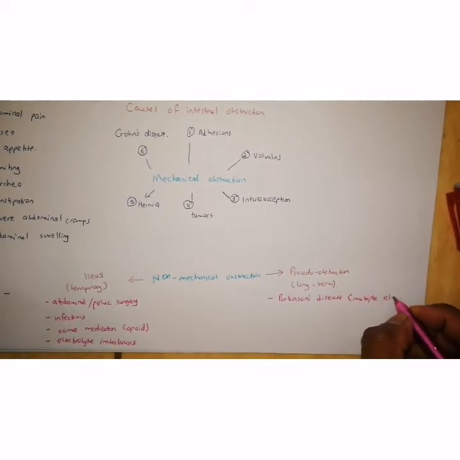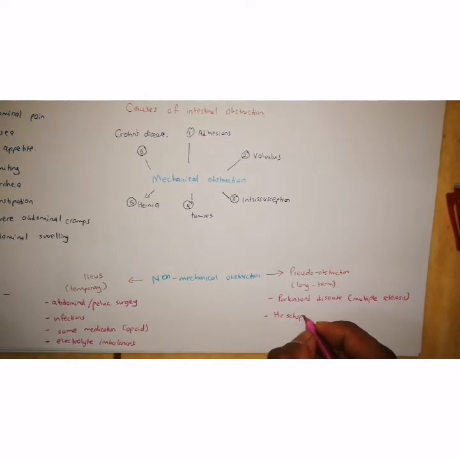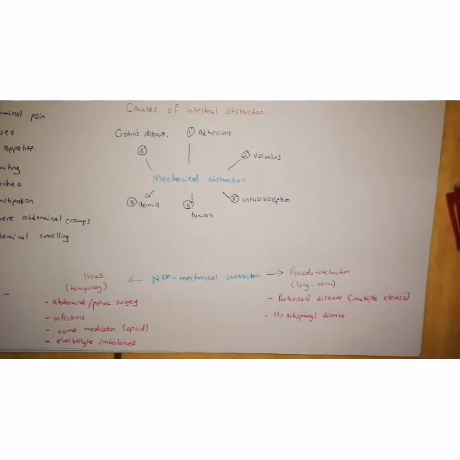Next we have Hirschsprung's disease. This disease is a disorder in which there is a lack of nerves in sections of the large intestine. So the motility of the intestine is disrupted.